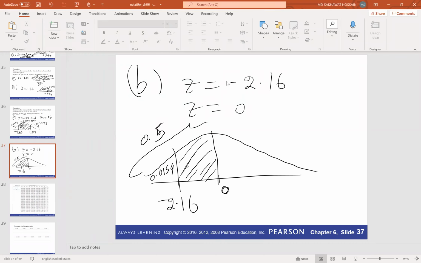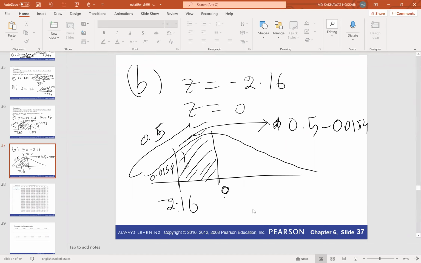That means the area between negative 2.16 and 0 will be, I'm writing here, not 1 minus, 0.5 minus 0.0154, right? So that will be the area.